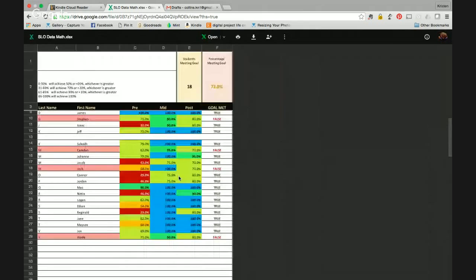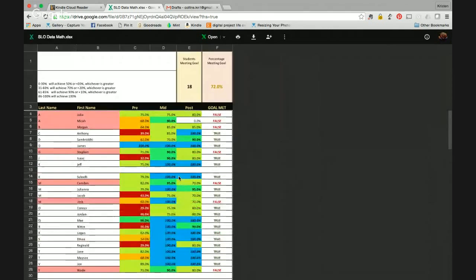So some of the things that I noticed right away while looking at this is that a lot of these students are male, and of course I know that because I teach the class. And then I noticed the discrepancy between the midpoint and the post-assessment. And then over here in this last column, it tells us whether or not my goal was met.